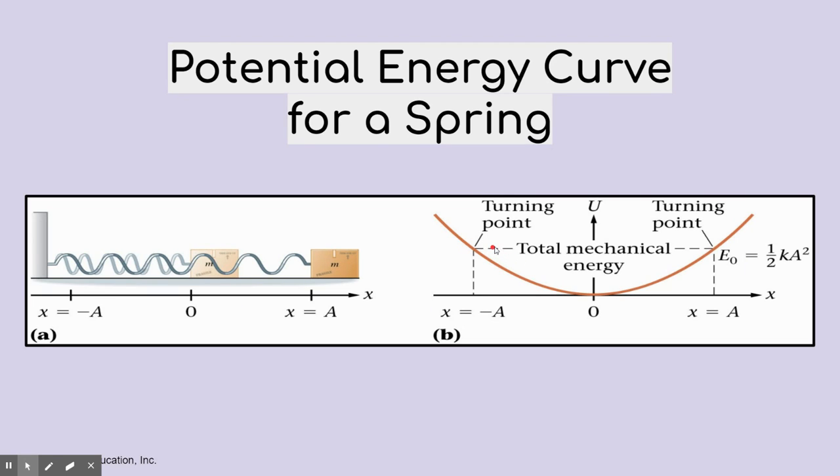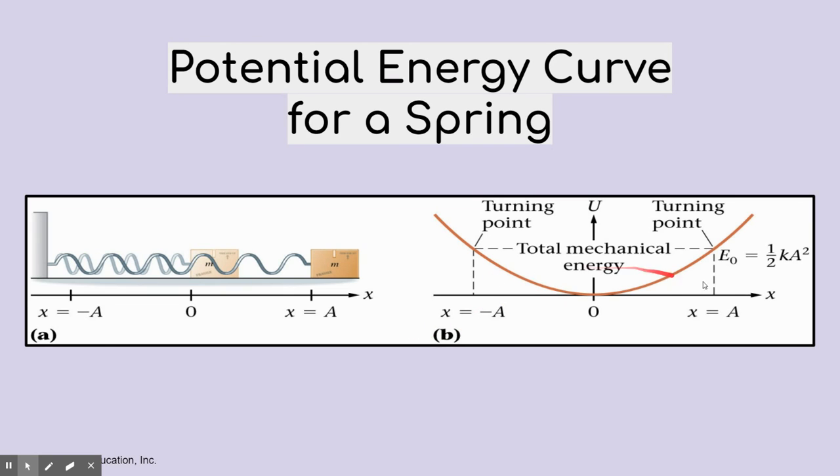You know what I'm talking about when a spring is moving back and forth. At the turning points, we know that the mechanical energy is 1/2 k A squared. We're just saying A is our distance at this point in this particular example.